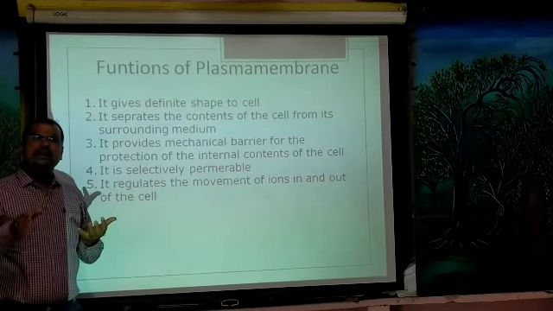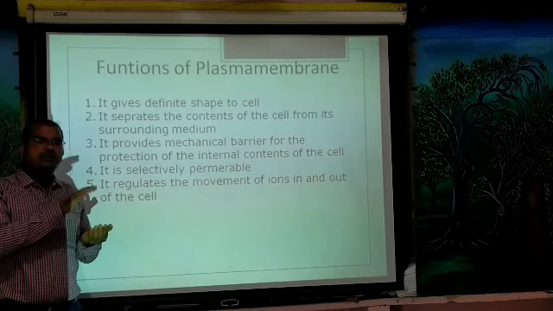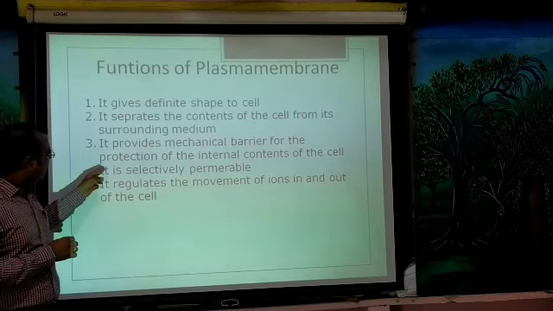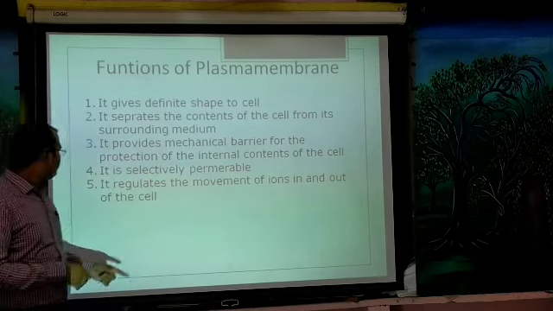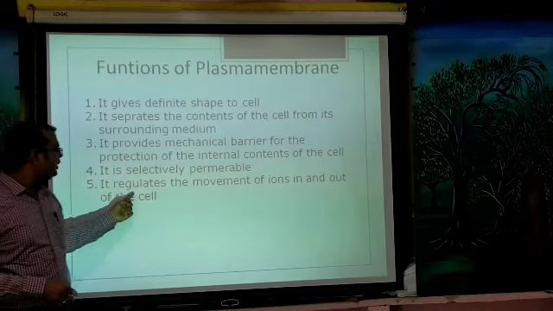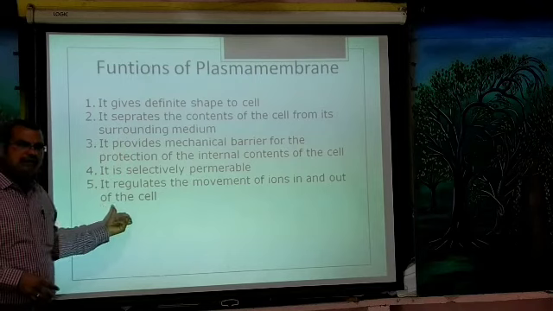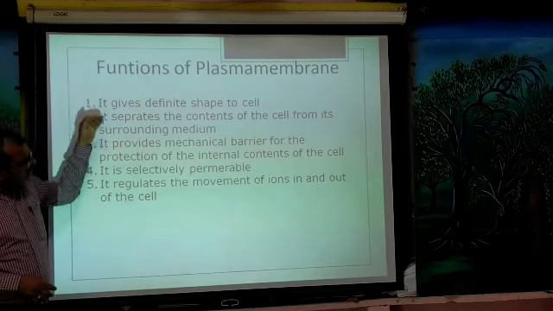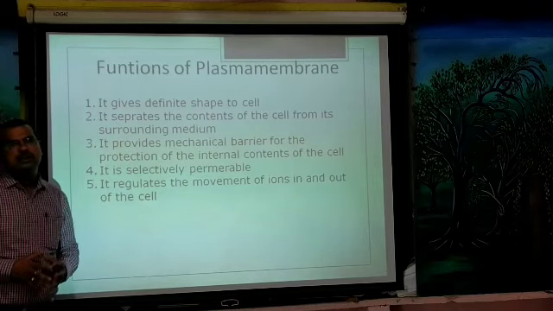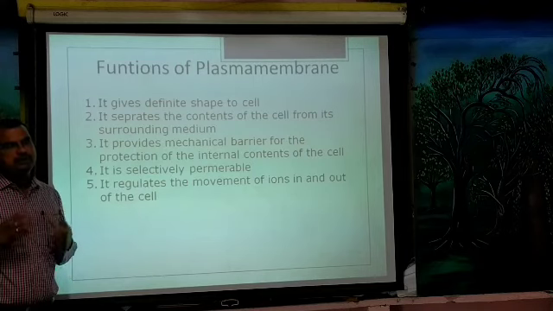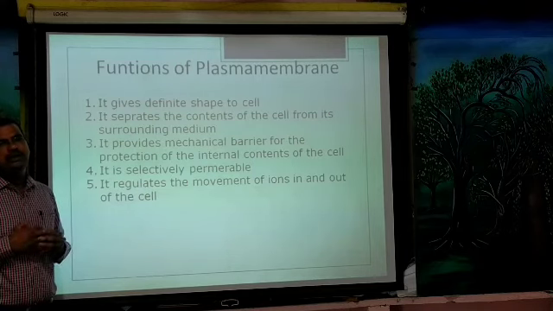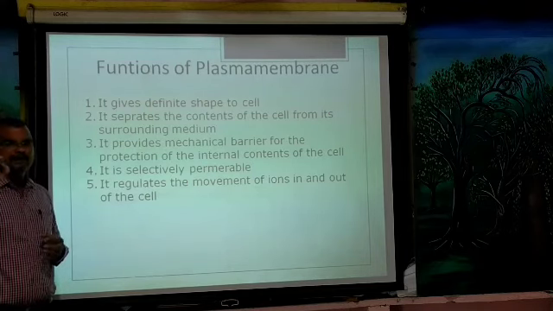Then it is selectively permeable, and it regulates the movement of ions in and out of the cell. These are all the functions of the plasma membrane, which plays a very important role in the protection of the cell.